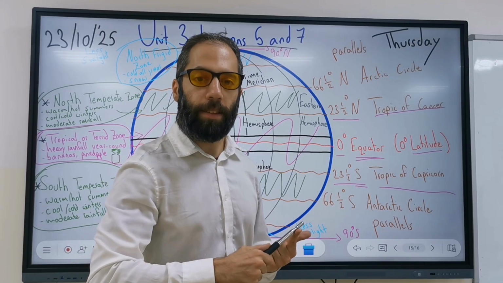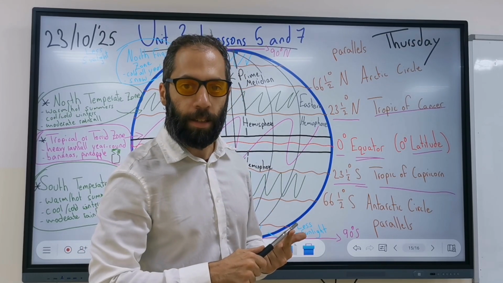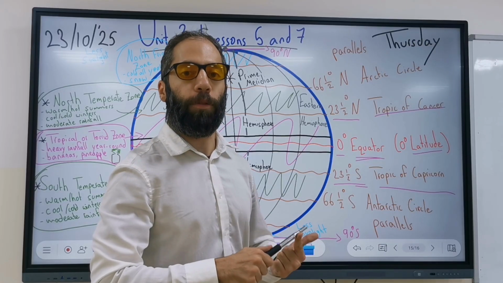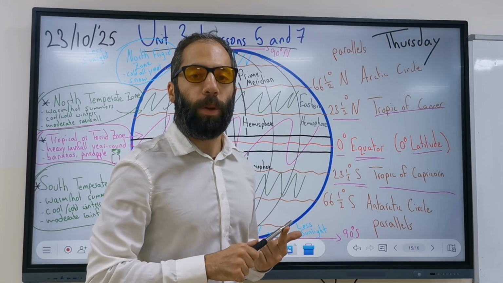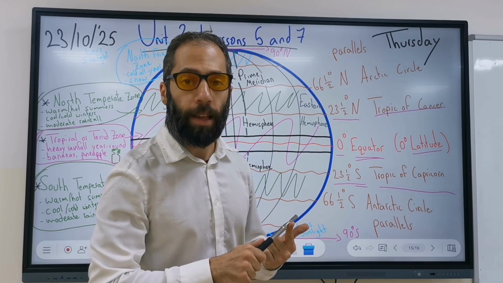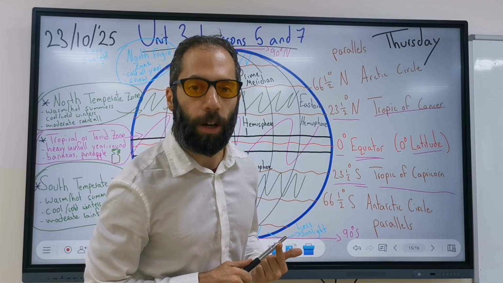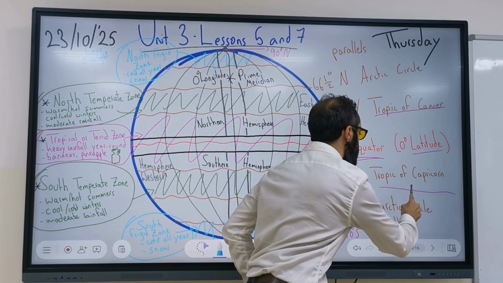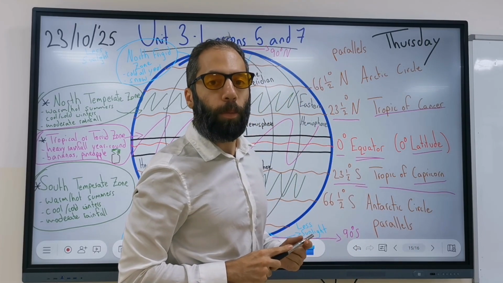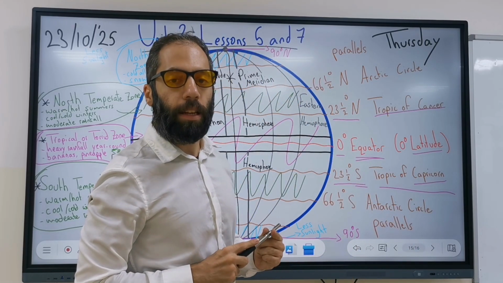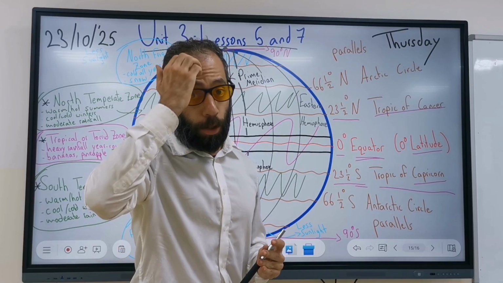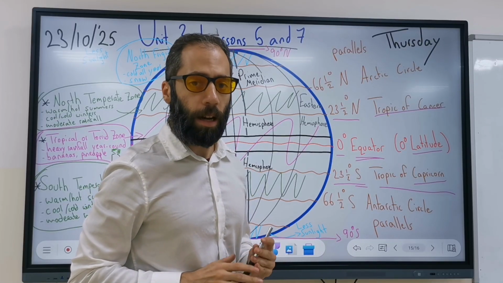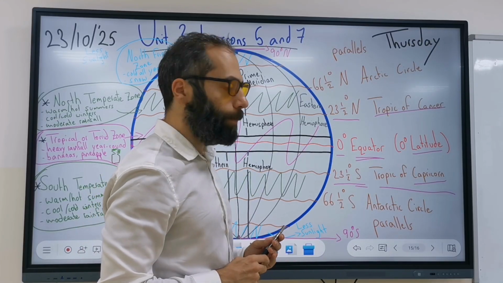Above the equator, we will have the Tropic of Cancer at 23 degrees and a half north, and then under the equator at 23 degrees and a half south, we will have the Tropic of Capricorn. Okay, guys? So far we have looked at these 3 main latitude lines, but let's keep going. Our journey doesn't stop here.